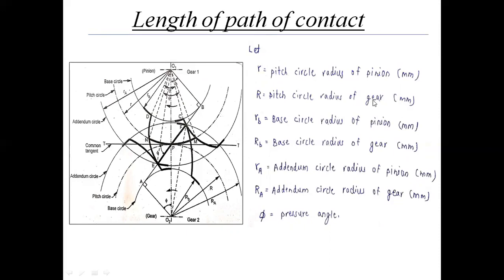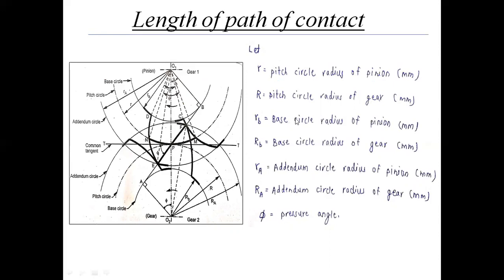As the gear has a larger diameter, we are using capital letter R, and the pinion is of smaller diameter, so we are using small letter r for the pitch circle radius.